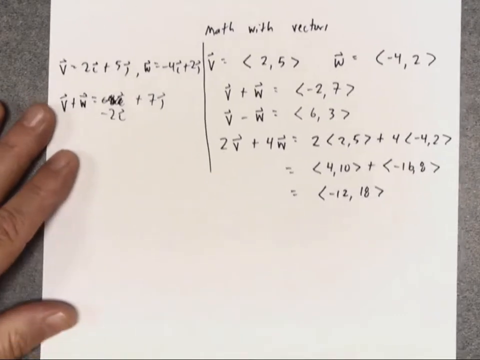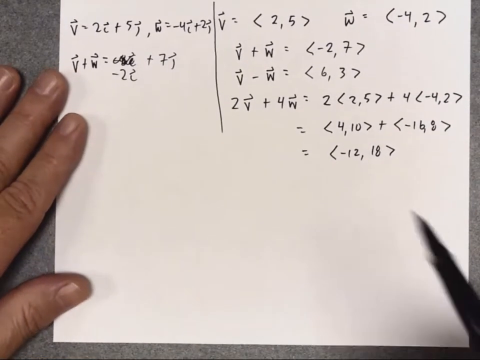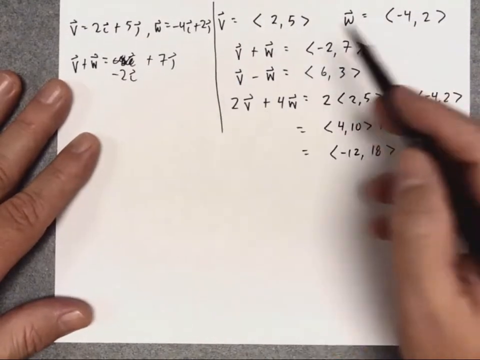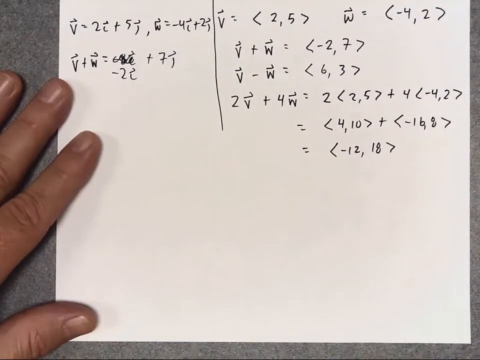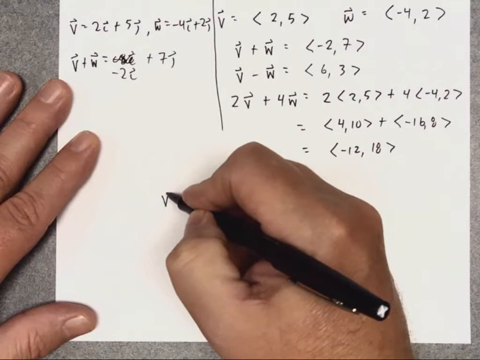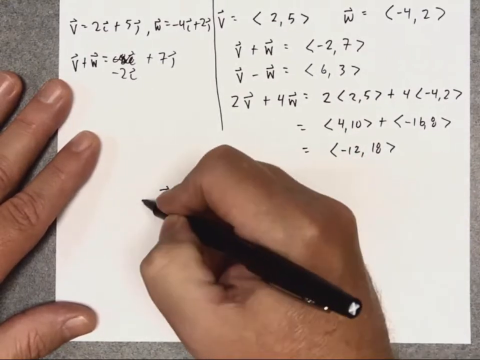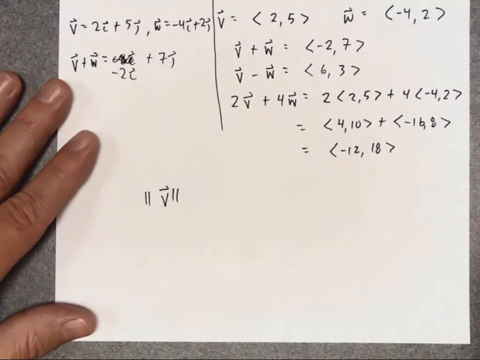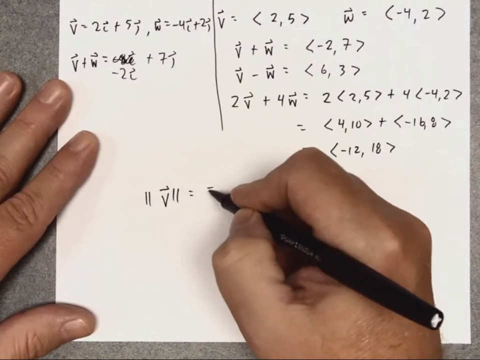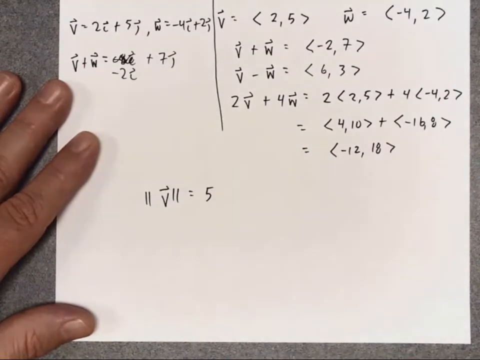Now here's an interesting question. How about if I'm given two different vectors? Because now I'm going to say the magnitude of vector v is 5.